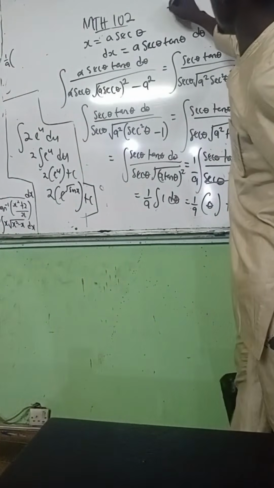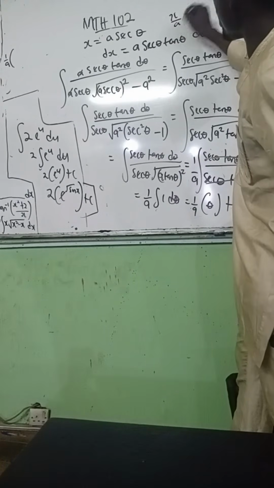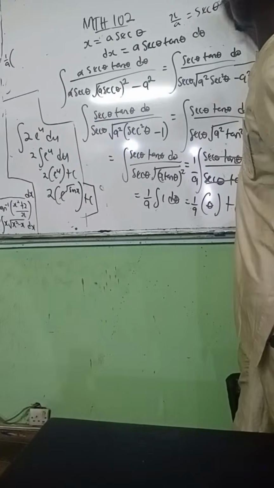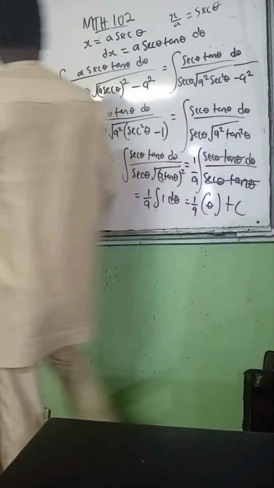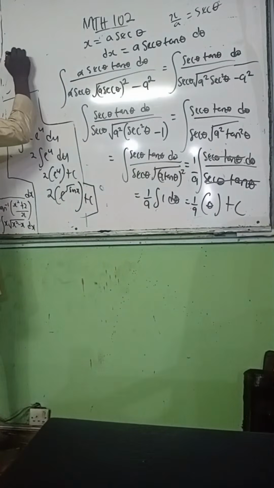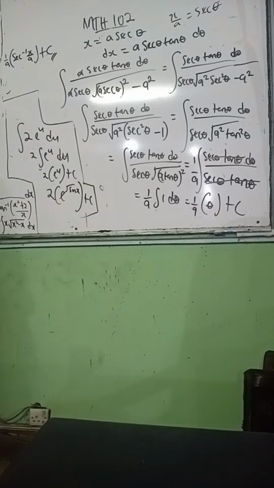If x equals A sec theta, x over A will give us what? Sorry, x over A will now be what? Sec theta. That means theta is what? Sec inverse of x over A. So here we have sec inverse of x over A plus C. Clear? Clear, Abby?